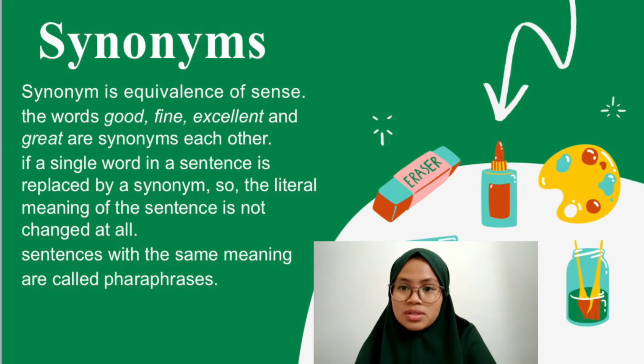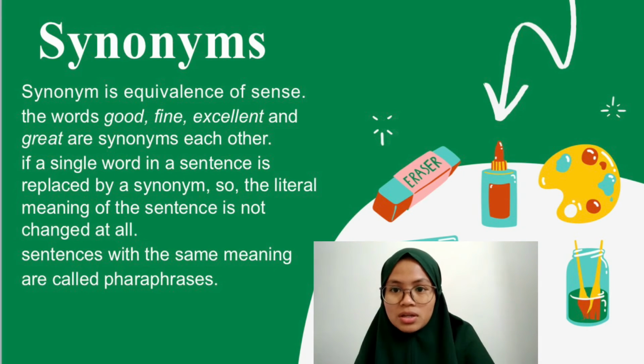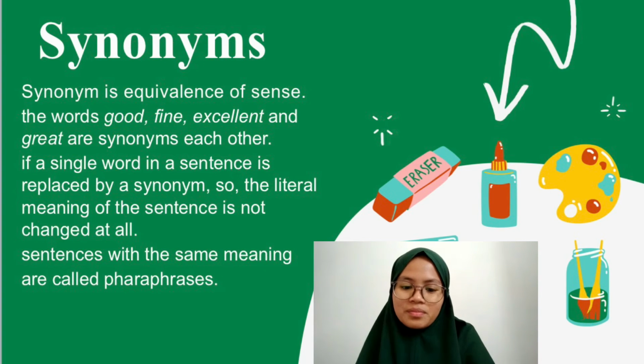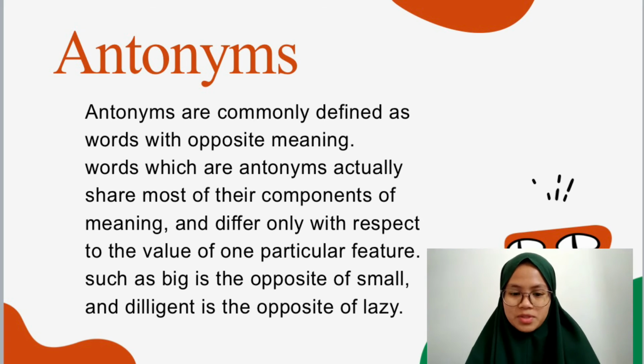Sometimes we use the word fine or great, so even if we change that word, it wouldn't change the meaning at all. And then sentences with the same meaning are called paraphrases. And then antonyms.